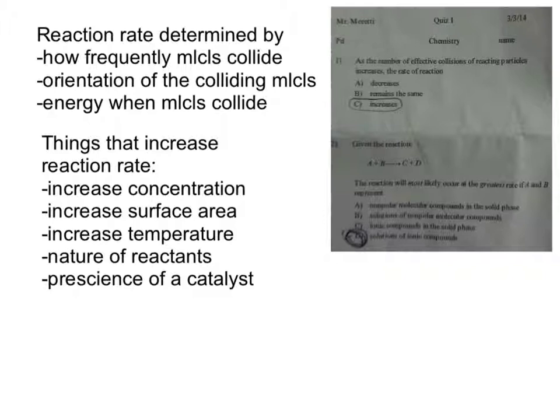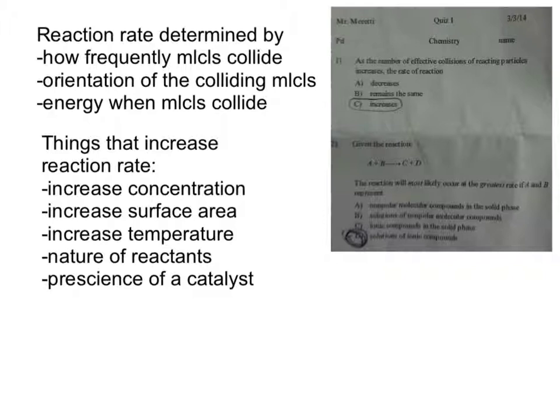And because there's more molecules, they are going to collide more often. So the number of collisions increases, which says that the reaction rate increases when you increase the concentration. So the answer to number 1 is C.